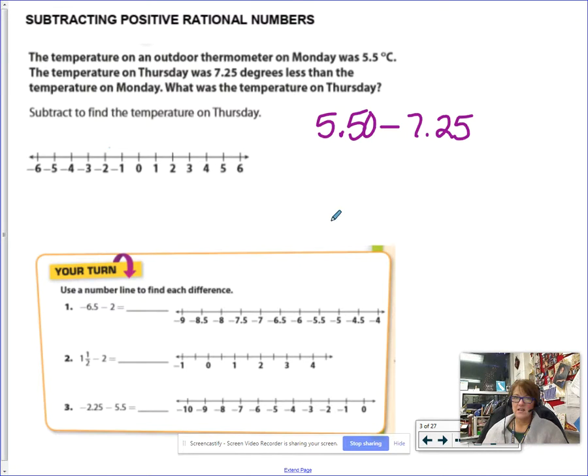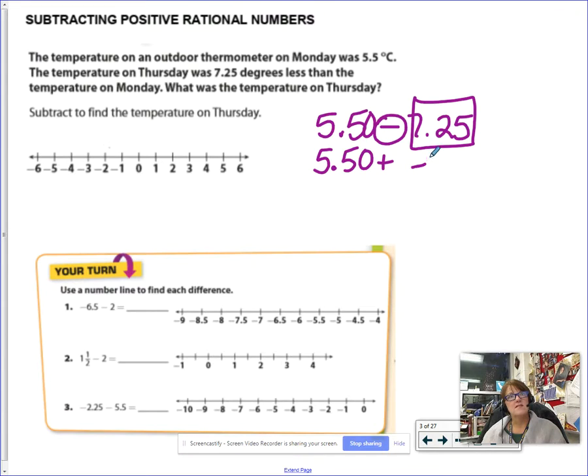I always immediately match up and make sure I have the same number of decimal places, even when I have it written horizontally like this. Now, I just got done emphasizing that subtraction means add the opposite. In other words, think of that negative sign sticking with this 7 25/100.